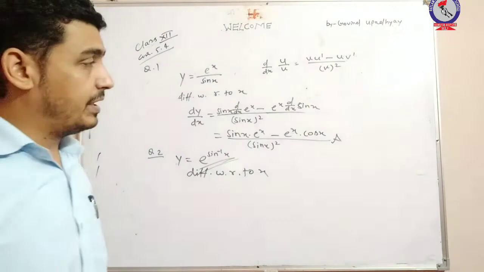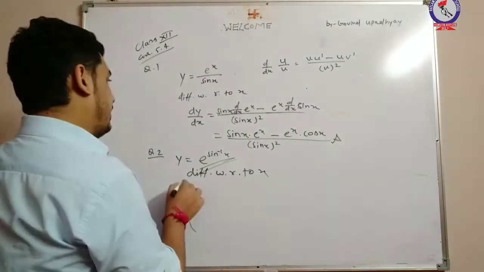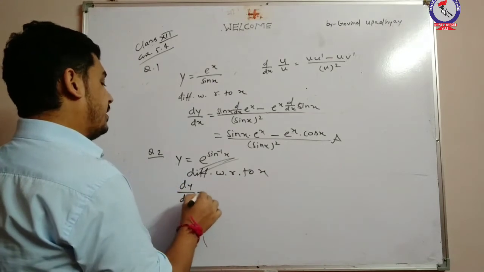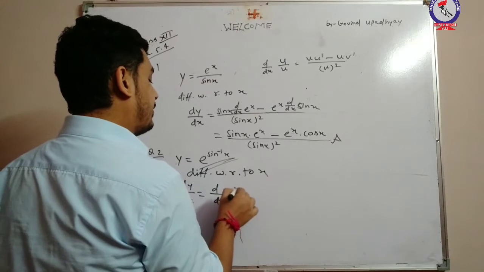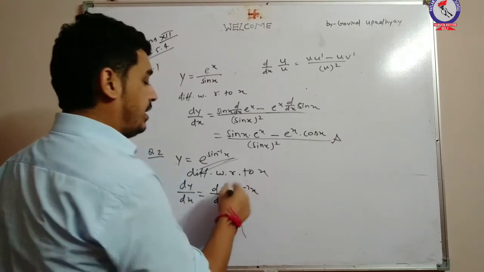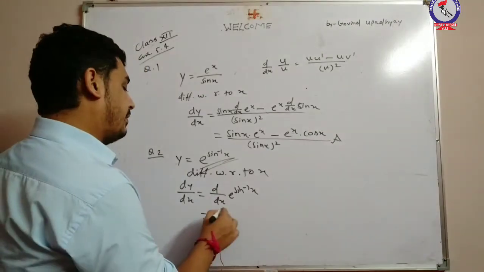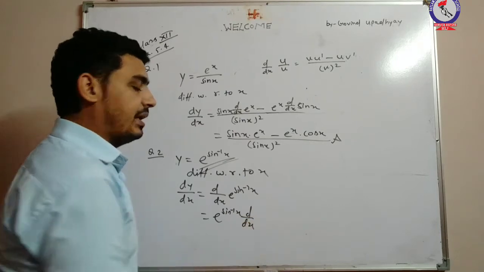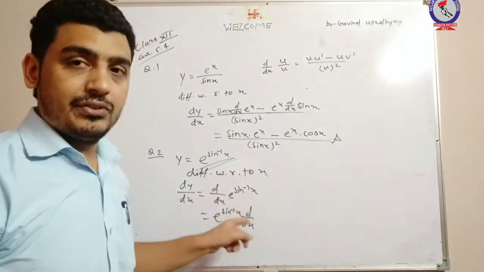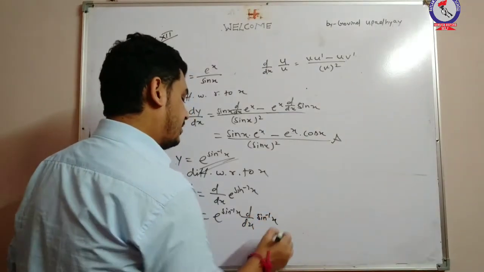So what will be d by dx of e to the power x, अभी हमने पढ़ा, that is dy upon dx is equals to d by dx of e to the power sin inverse x. e to the power x की तरह हम ट्रीट करेंगे इसको, तो e to the power sin inverse x will be here, and again d by dx of what? Sin inverse x.